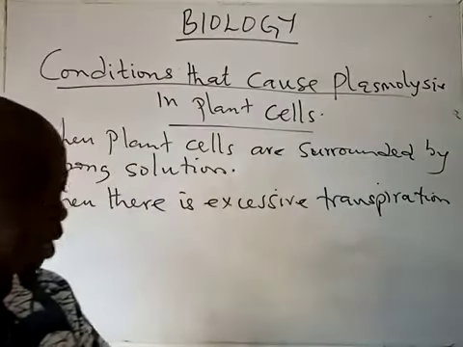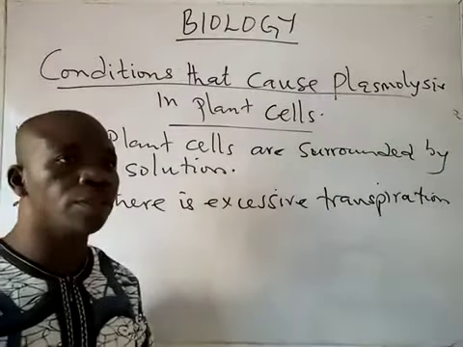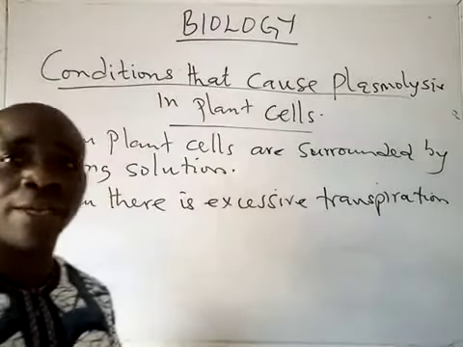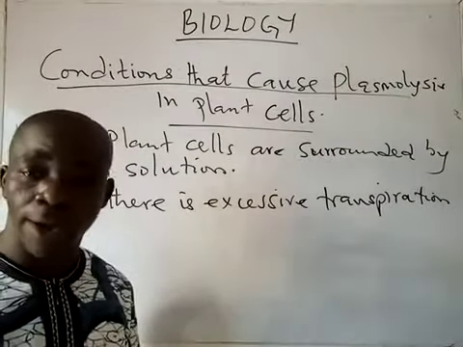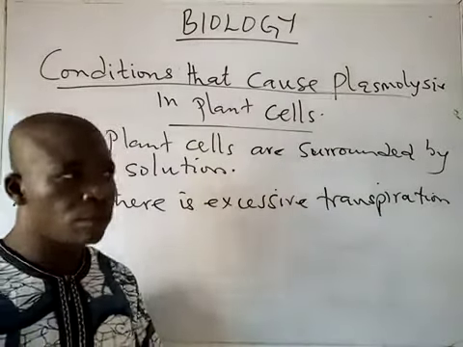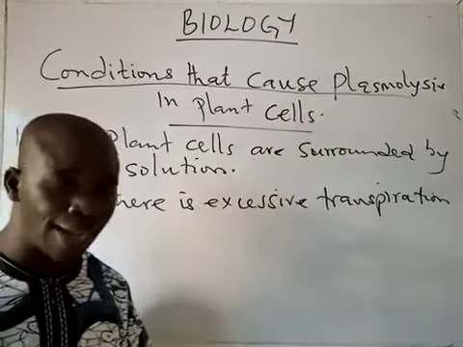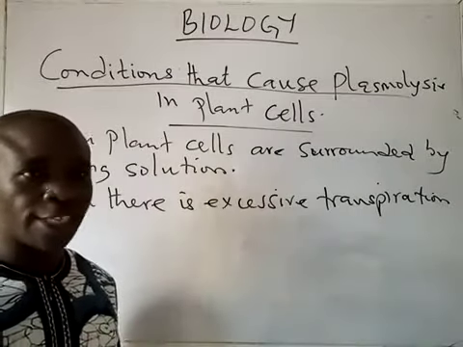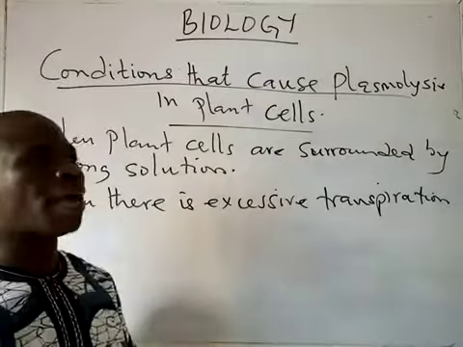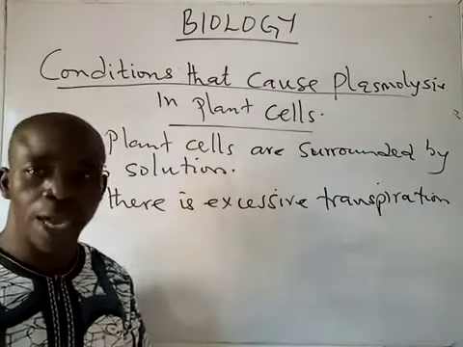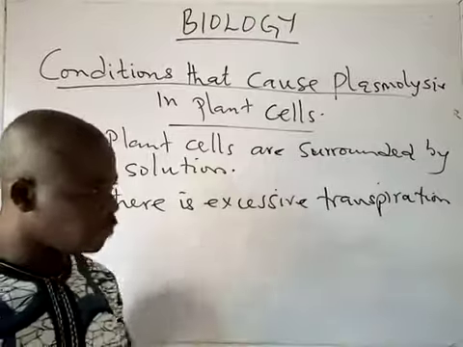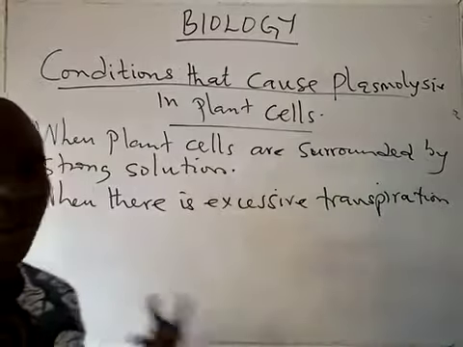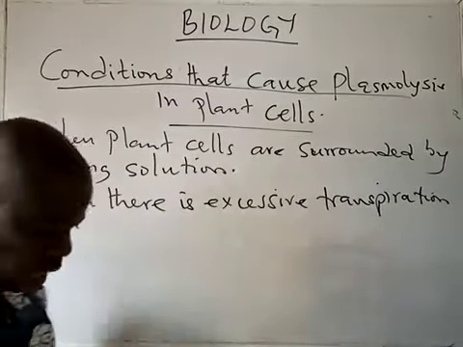That is, if the rate at which water molecules leave the body of the plant is very, very high, especially in very dry seasons when the humidity is very low and we have very high temperature, which makes water molecules leave the body of the plant at a very high rate. So the transpiration rate is very high. Then when water continues to be withdrawn from the vacuoles of plant cells, plasmolysis will take place.